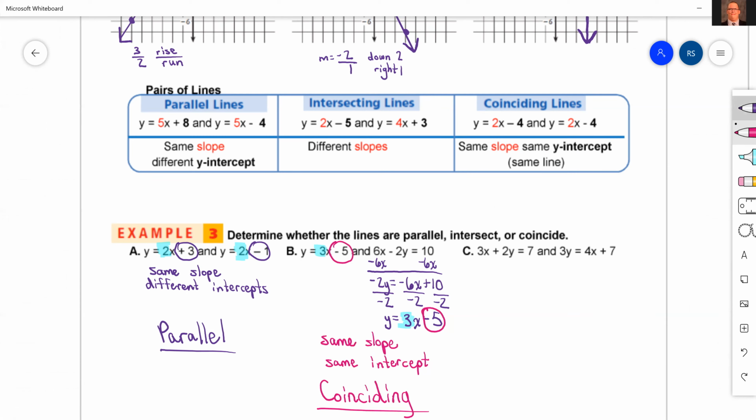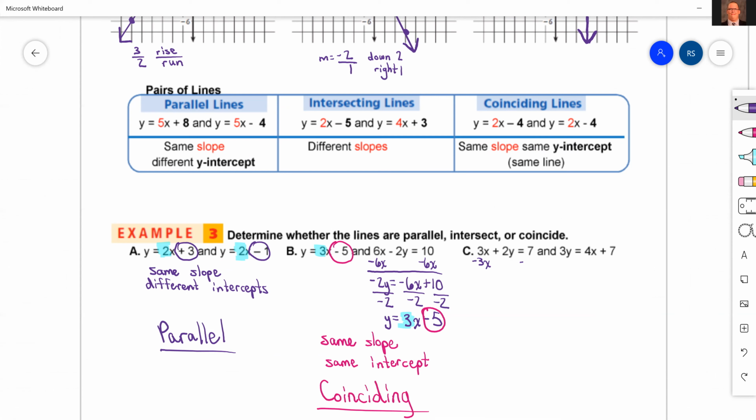Okay, now for the last one. Looks like on this first equation, we've got to work a little bit of magic. We've got to get y by itself. So subtract 3x.